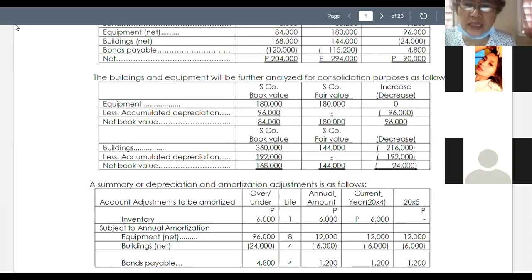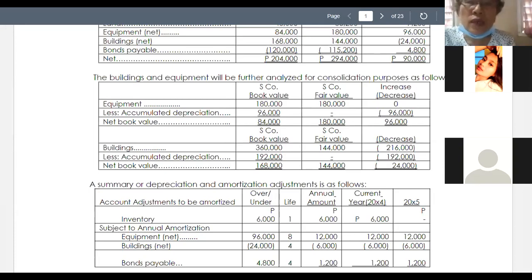Now the discount on bonds payable is to be amortized over a period of 4 years. So annually, you will be charging amortization of 1,200, which you will notice we have shown in our analysis.